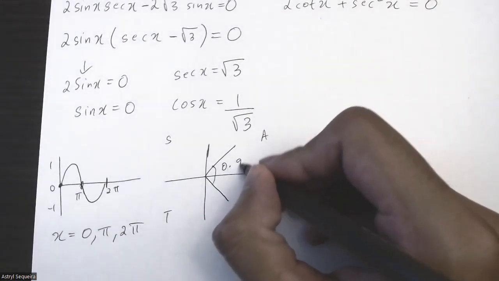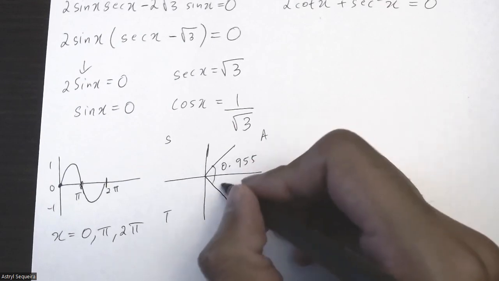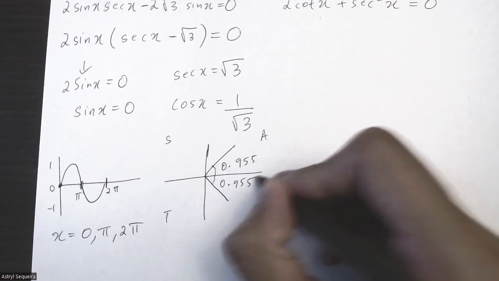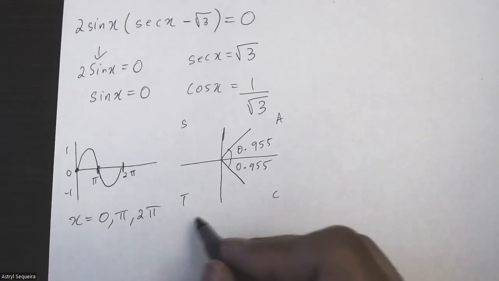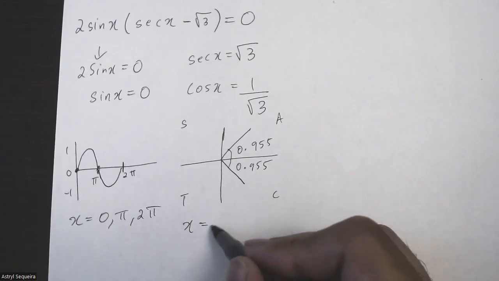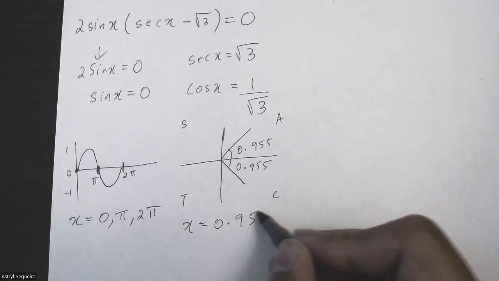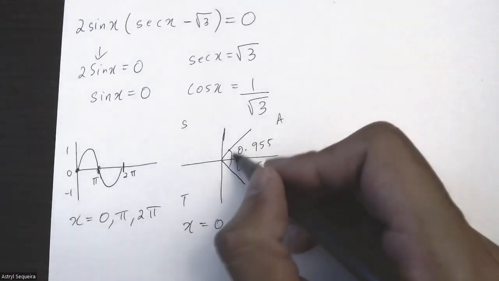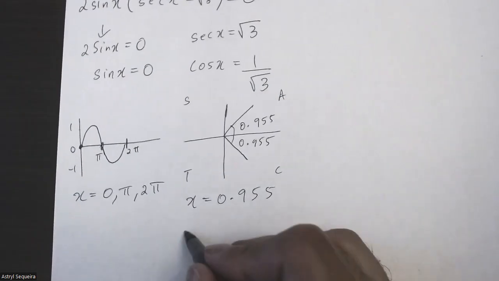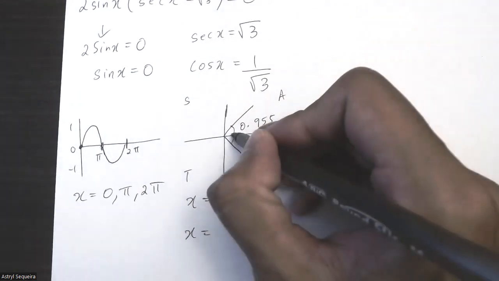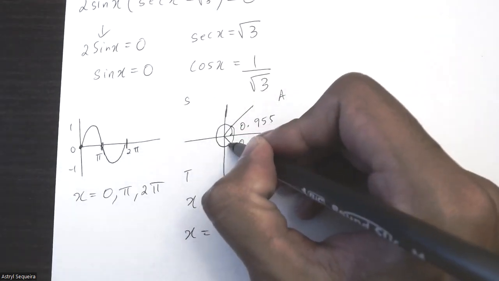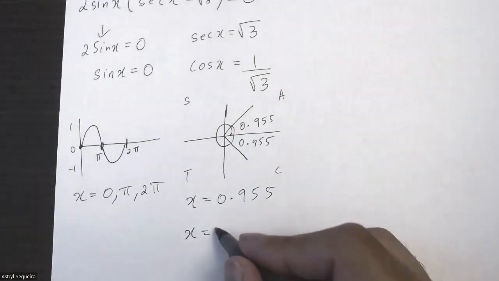So we just get 0.955 as the two acute angles. So my two solutions here are x equals 0.955. That's my first solution in the first quadrant there. And my second solution, which is starting here and going all the way around till here, a full circle, is 2 pi.